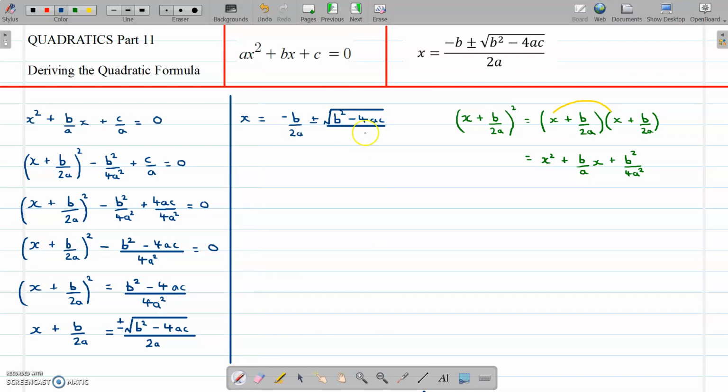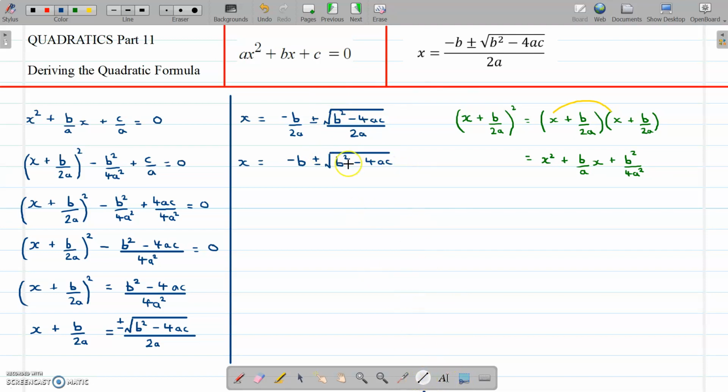And I think you can see that we're nearly there, because what I've got now on the right are two terms, both of which contain 2a on the denominator. So combining that into a single fraction would give me x equals negative b plus or minus the square root of b squared minus 4ac, okay, and all of that is divided by 2a.